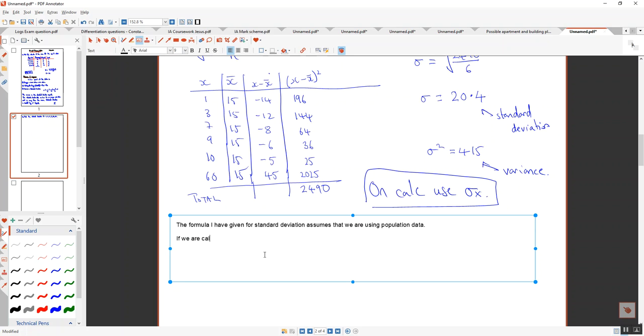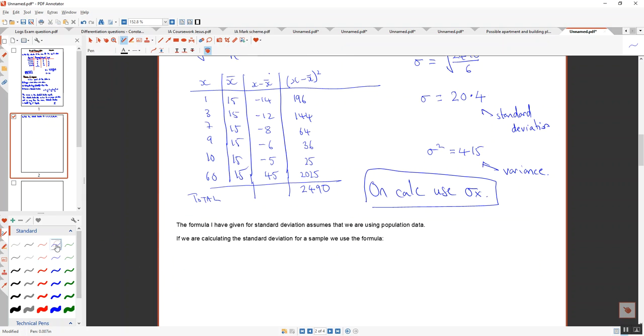If we are calculating standard deviation for a sample, we use the formula sigma equals square root, and the difference is it's over n minus 1, okay?